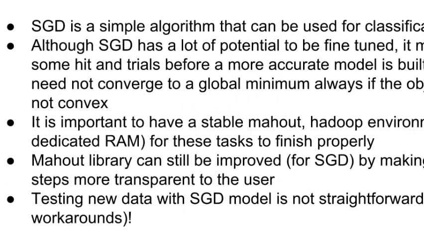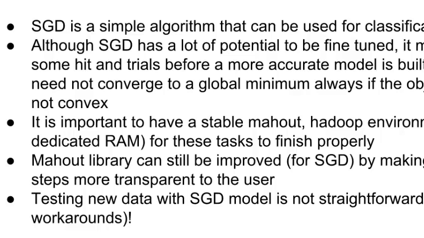To conclude, I want to say that SGD is a simpler algorithm. Intuitively it makes sense, and in terms of performance, it's good because as a function of input, the memory is still the same, it's constant.